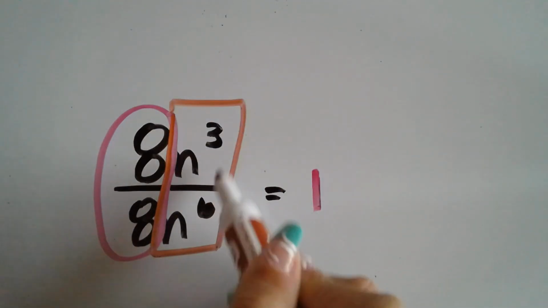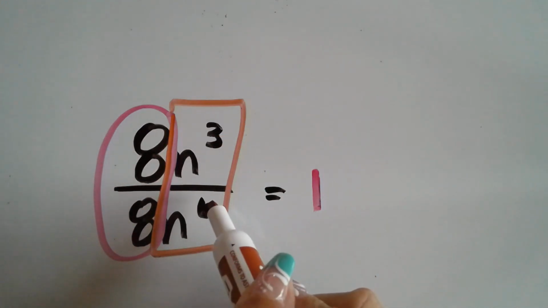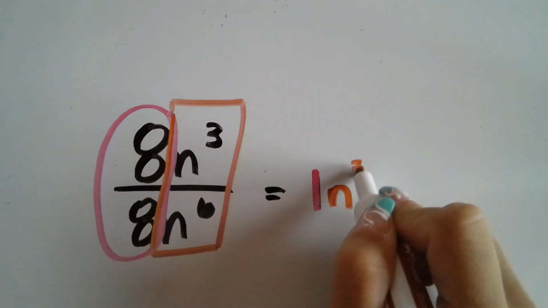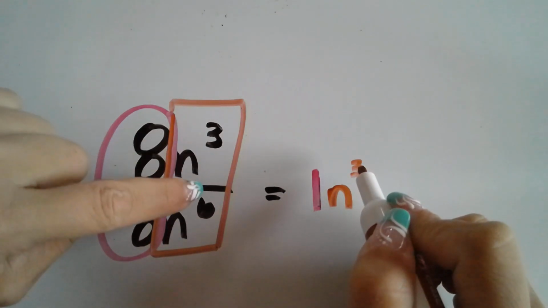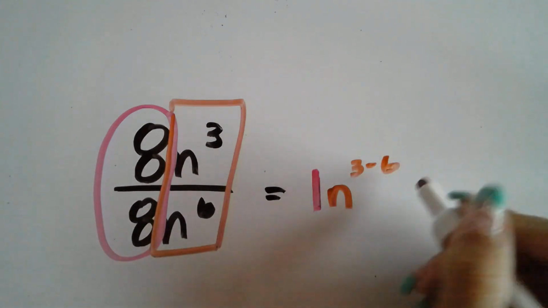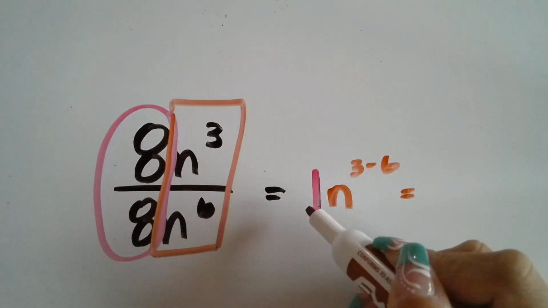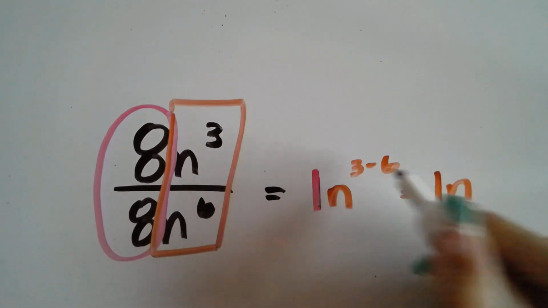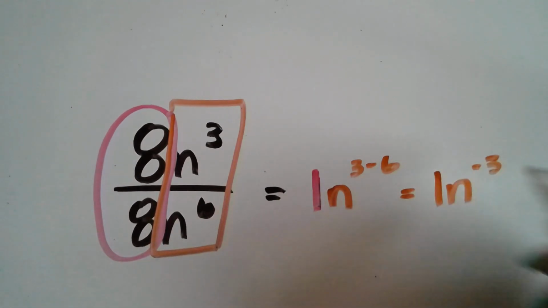And when we divide, what are we supposed to be doing with our exponents? We subtract. So we're going to say n to the 3, this fraction mark means minus 6. And so we have 1n, 3 minus 6 is negative 3.